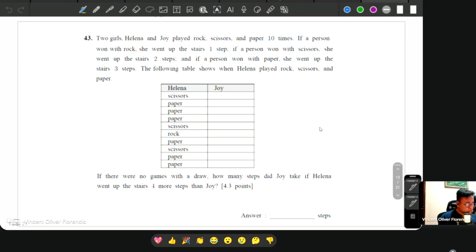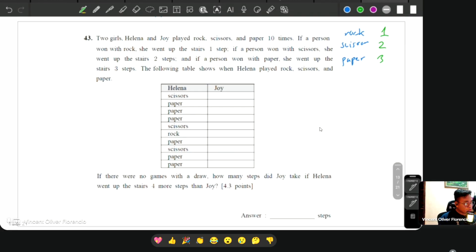Okay, it says here, from the problem, we can have the idea that if you win using rock, using scissor, and also using paper, you will have different points, right? If it's rock, you have 1 point, scissor 2 points, and paper 3 points.